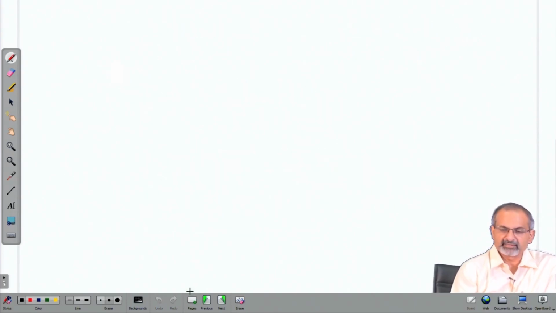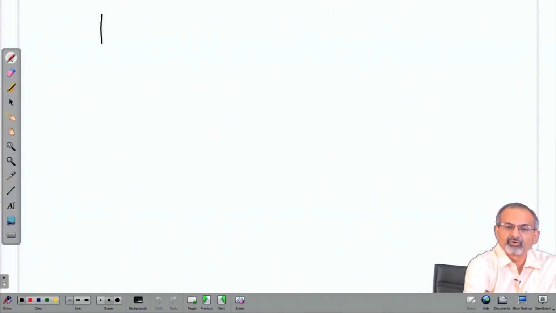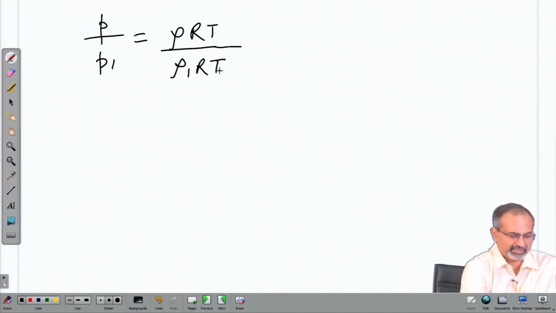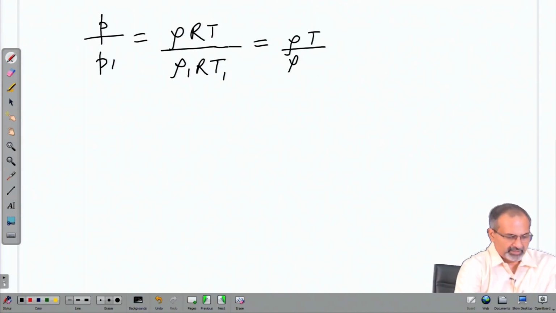How would we get the density variation? Let us invoke the equation of state and apply it between those 2 points, keeping in mind that this time, I am sorry, this should be T. This time we have to keep in mind that the temperature is going to be changing, so it will not cancel out. So, what you will be left with is rho T by rho 1 T1.